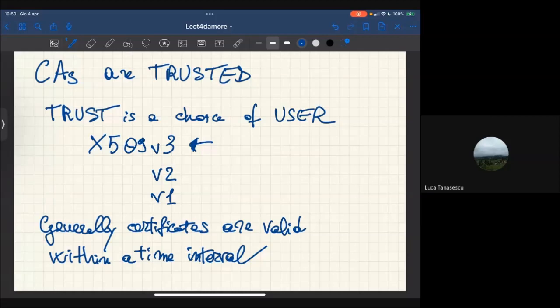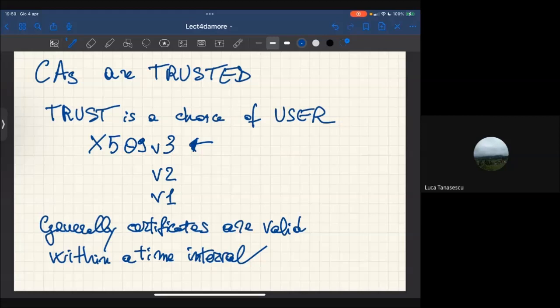So while the certificate is valid, you can use it. But if you try to use a not valid certificate, you will meet an error, and whatever device in the internet will stop talking to you because you are not showing a valid certificate. So it means that you can be a fake.